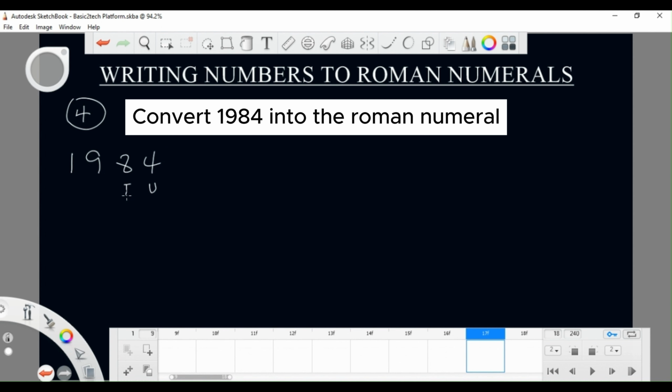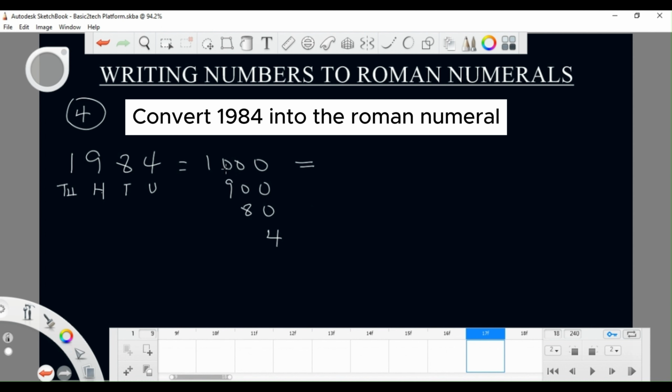These are tens. These are hundreds. These are thousands. So we have 1,000, 900, we have 8 tens, which is 80, and we have 4.